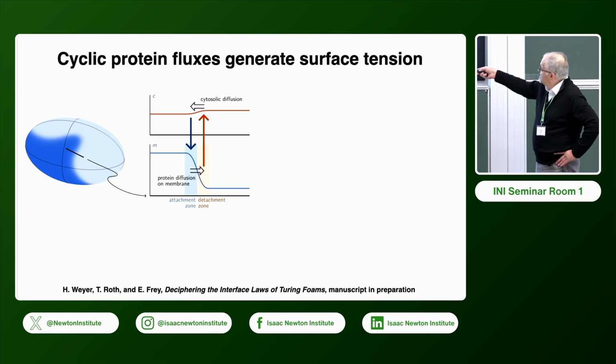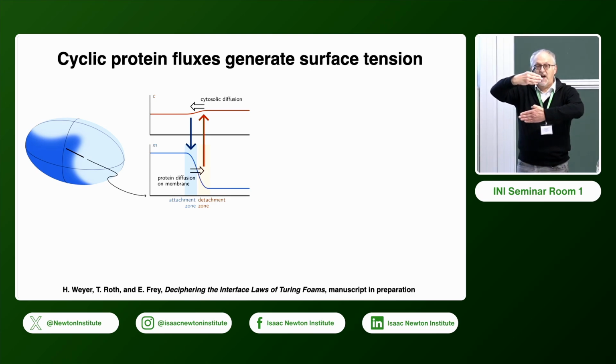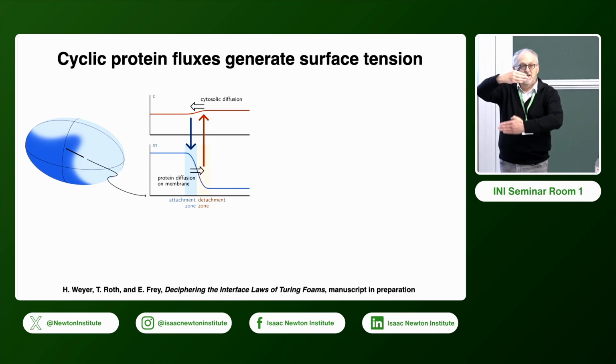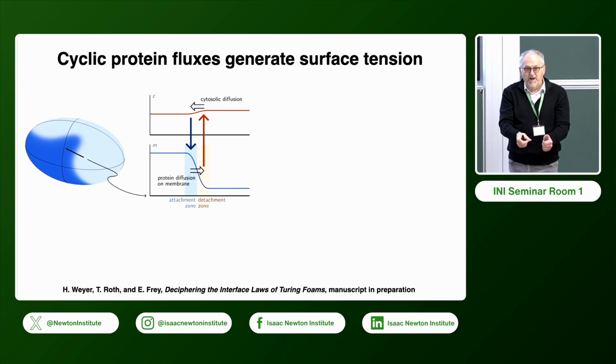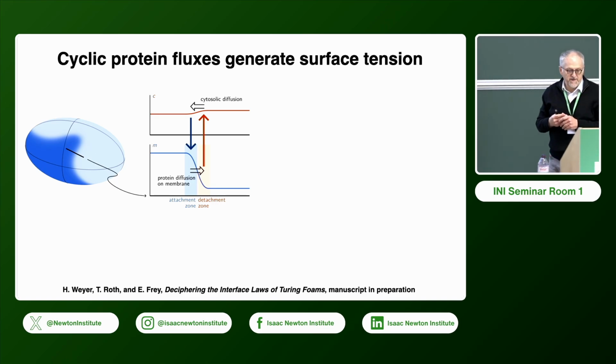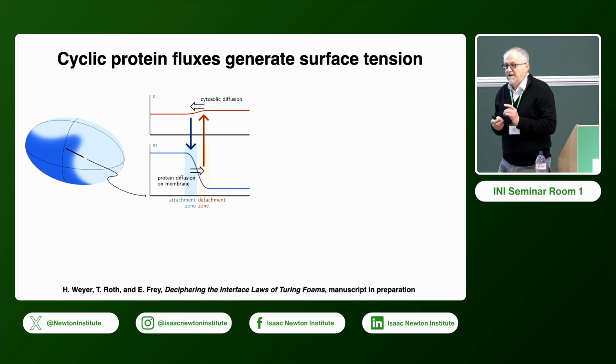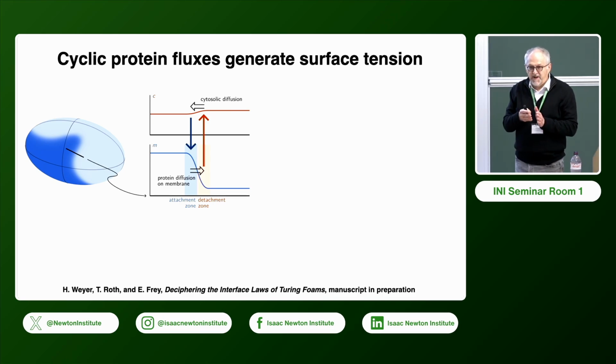And again, here on this side, you have diffusive fluxes on the membrane, and that means you have two counteracting diffusive fluxes on the membrane and in the cytosol, and they are maintained by these reactive fluxes on the two sides of the interface.